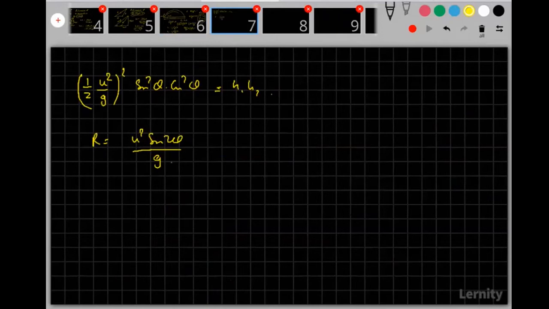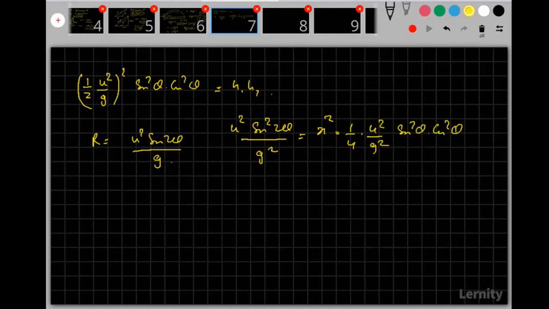So when you square it, it will become u squared sin squared 2 theta by g squared is equal to some x squared into 1 by 4 u squared by g squared sin squared theta into cos squared theta. So it's very simple. So here I can get a 4 here, cancelling these. Then u squared, g squared will get cancelled. So I can say now that if this side has to be this side, then x squared is equal to 16. So x will become equal to 4. So clear? So we'll get 16 times.